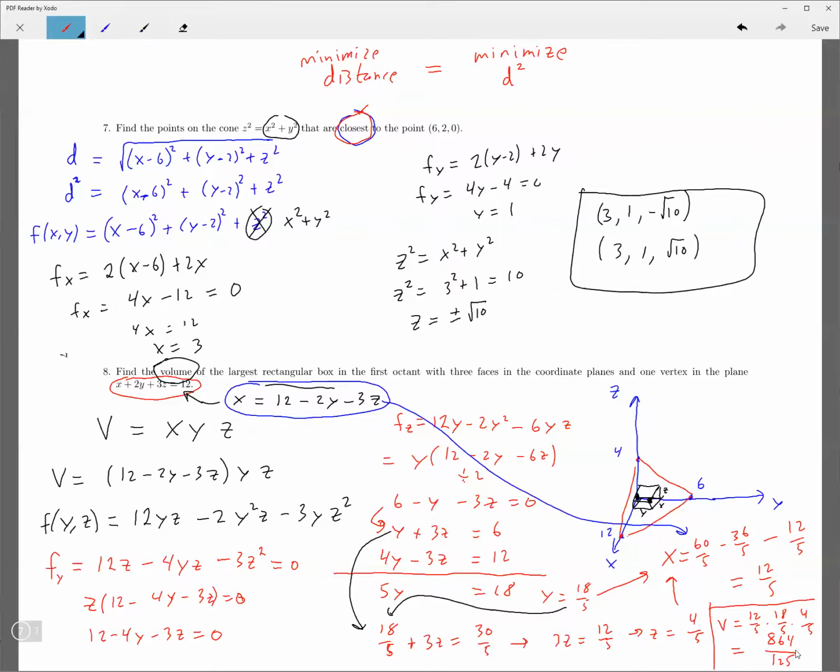I said I was wrong. 864 over 125. Where did we go wrong? Trying to figure out where we went wrong here. This is not fun.